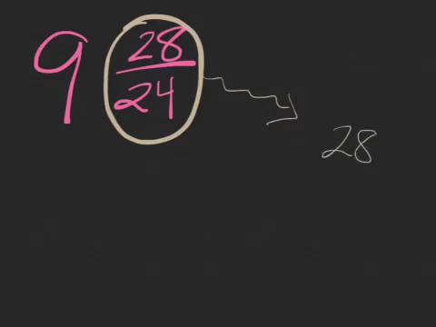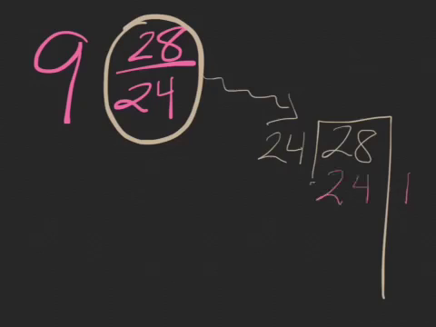28 divided by 24. All right, how many whole groups of 24 can we take out? Just one. Take out that group of 24, and we're left with 4.